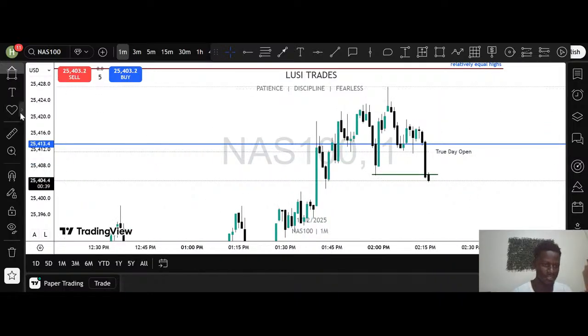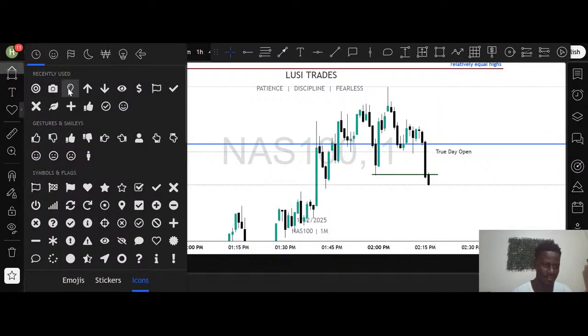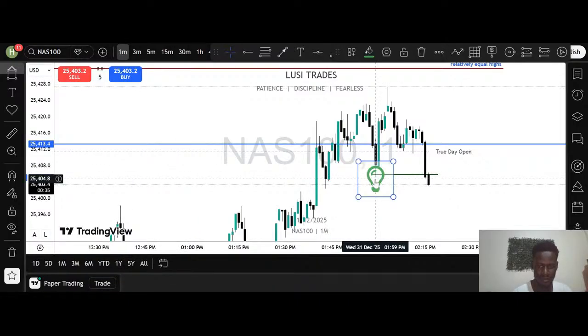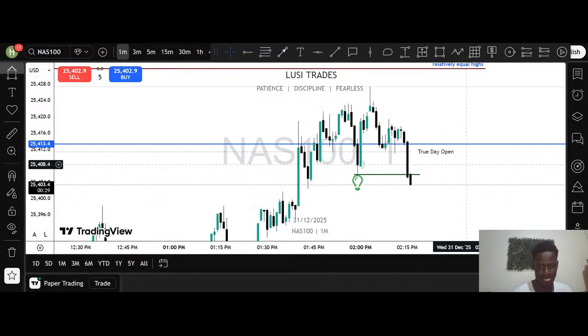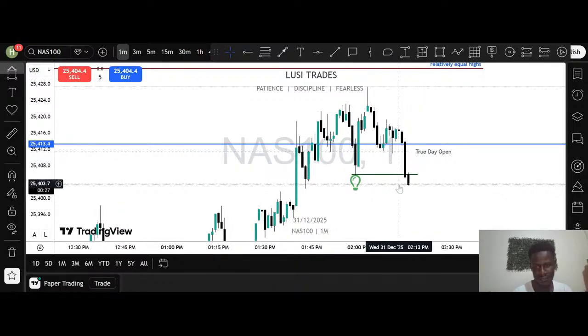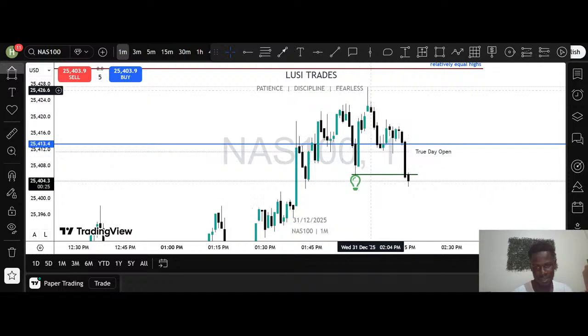Let me just highlight this way. That's like a shift, fair value gap, speed and distance, these are breaker.